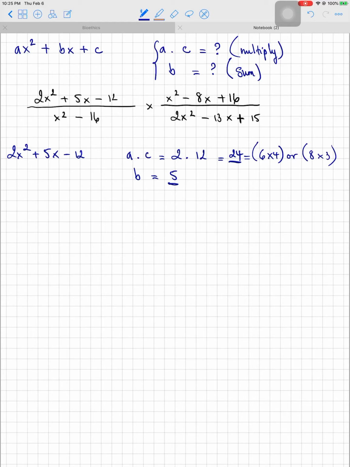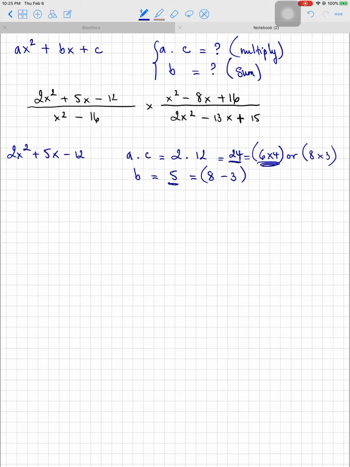So we can see there's something in common right here: 8 and 3, because 8 minus 3 is equal to 5. And for the 6 and 4, 6 plus 4 is 10, and 6 minus 4 is 2. It's not common with number 5.